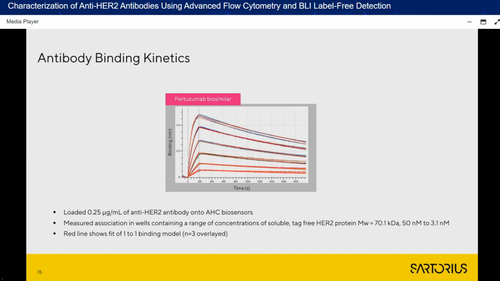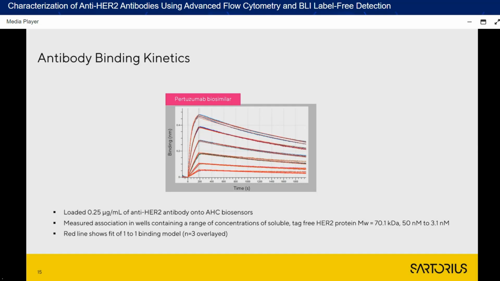And this is just the sort of data that was generated. So we loaded a single concentration of the antibody onto the biosensors, so 0.25 micrograms per mL. And then we measured the association of a range of concentrations of that HER2 protein, ranging from 50 down to 3.1 nanomolar.